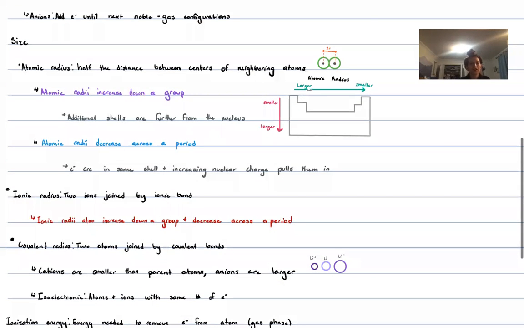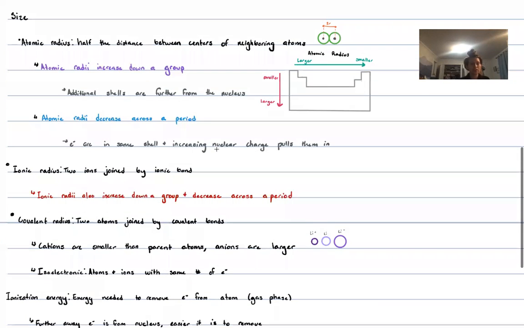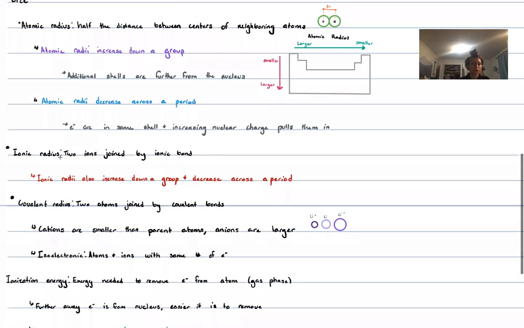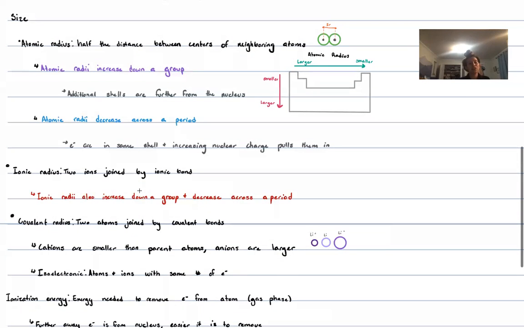so know this trend, because I have a feeling that based on how many questions were based on just trends alone, we're definitely going to be seeing a few on our midterm. Another good trend to know, well, we can also talk about other radiuses at the moment, is the ionic radius, which is just when you have an ionic bond, and it increases and decreases in the same exact way.